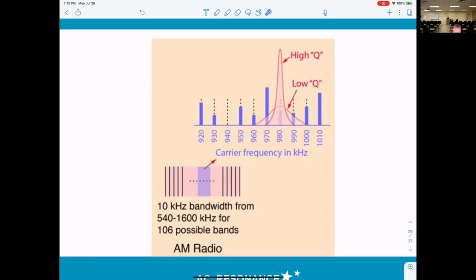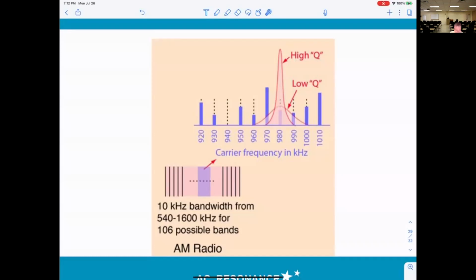Can you tell me what the difference is? For radio frequency, AM radio has a 10 kilohertz bandwidth from 540 to 1600 kilohertz, 106 possible bands.